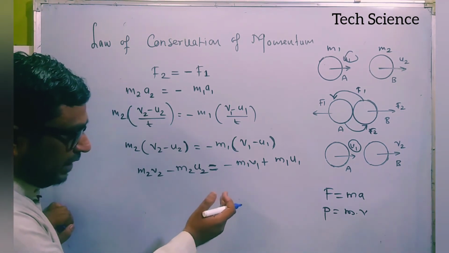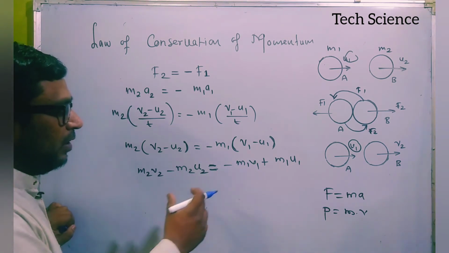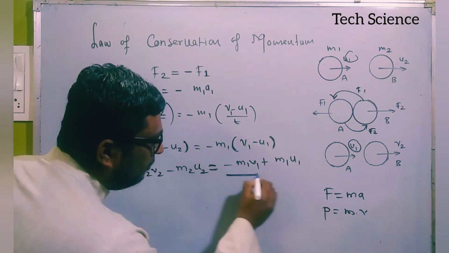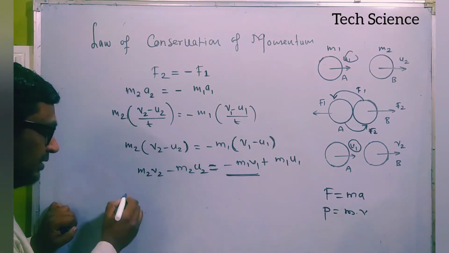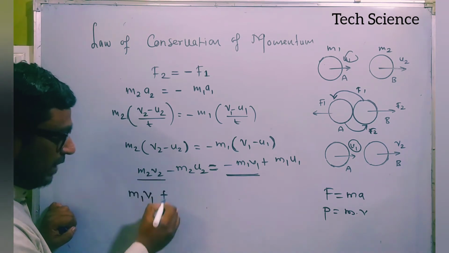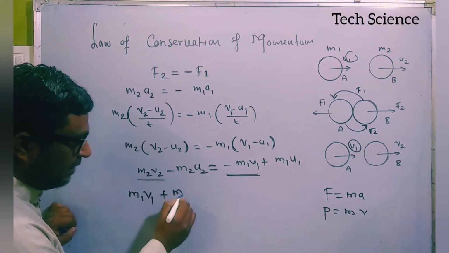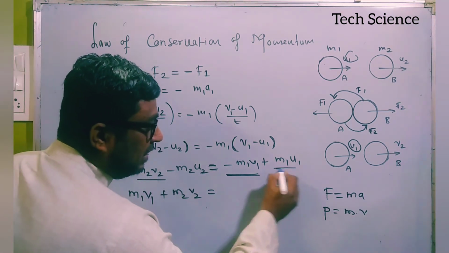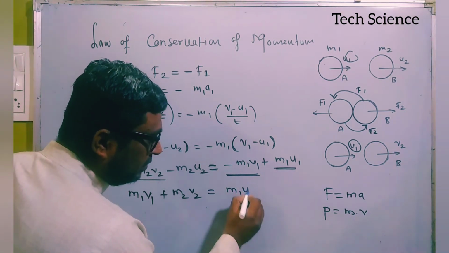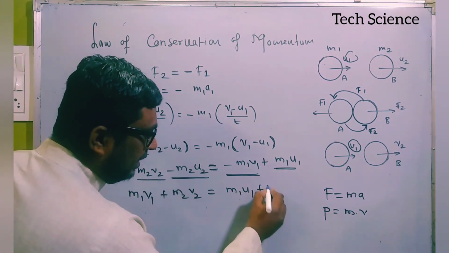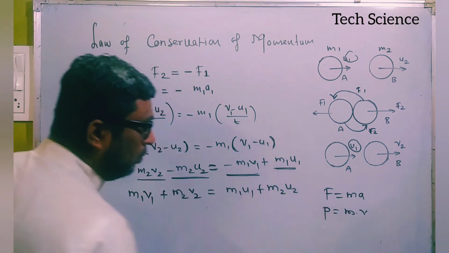We take the m1 v1 terms on the left hand side and the m2 u2 terms on the right hand side. Observe, this is minus m1 v1, so if we take it to the left hand side it becomes plus m1 v1. This m2 v2 stays as it is, with a plus sign by default. m1 u1 we keep on the right hand side, and minus m2 u2 when it comes to the right hand side becomes plus m2 u2.